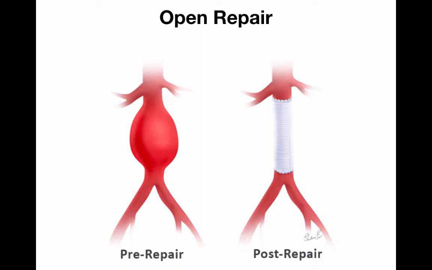When someone has an open repair of an abdominal aortic aneurysm, particularly of an infrarenal abdominal aortic aneurysm, the approach generally is an anterior midline incision. The vascular surgeon tunnels their way down, finds the aneurysm, essentially does an aneurysmectomy, if you will, and replaces the aorta with a graft.